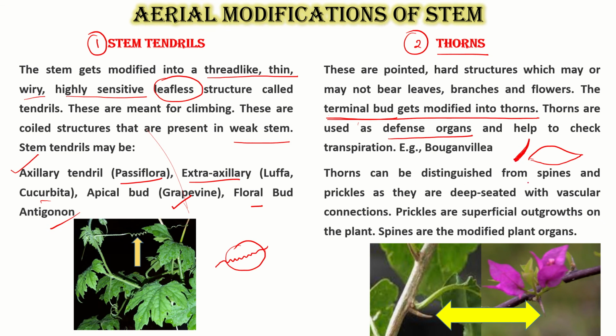Thorns can be distinguished from spines and prickles as they are deep-seated with vascular connection. Prickles are superficial outgrowths on the plant, and spines are modified plant organs. These are pictures of thorns.